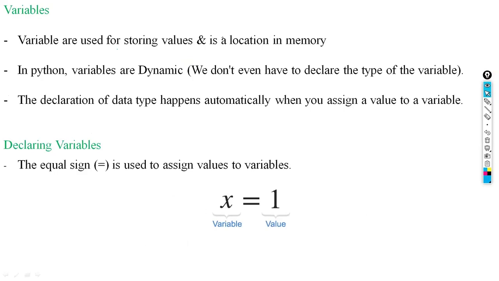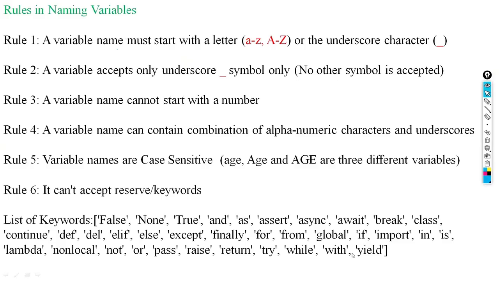On the left side, for the variable name, we have restrictions. These are the rules for the variable name. Rule number 1, it must start with a letter, either small or capital letters, or an underscore.